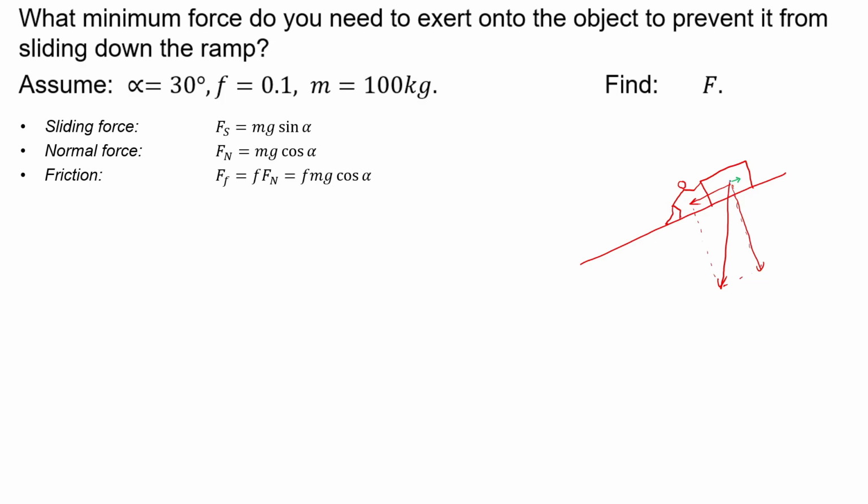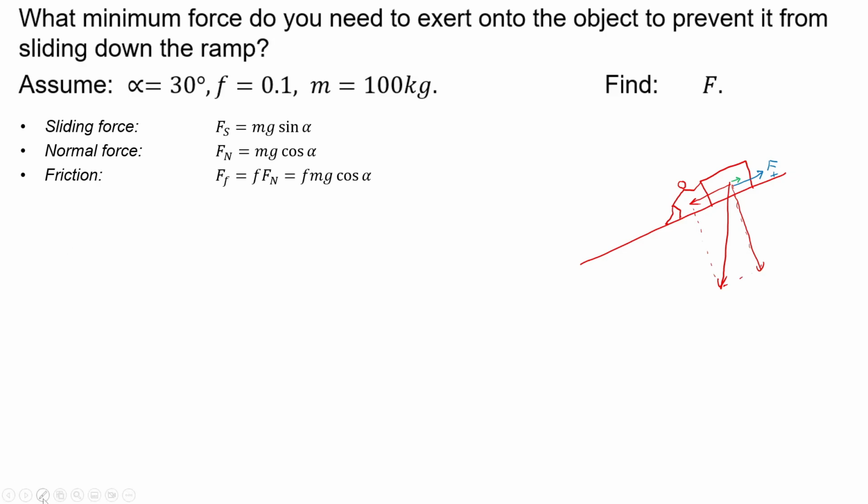Okay, so what happens here is that this guy or girl, the person on this slide, needs to exert a force, and let's call it Fx. Of course, this force has to be exerted upwards.